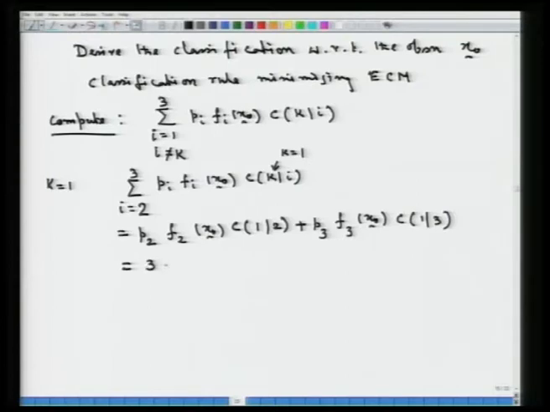It turns out that this is equal to 325. This is the value of this quantity for k equal to 1. Similarly, we need to find out what it is for k equal to 2. For k equal to 2, we will have an expression which is the summation over i equal to 1 up to 3, with i not equal to k, that is i not equal to 2.